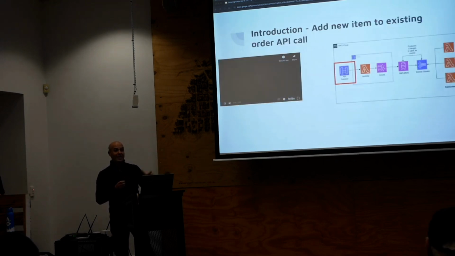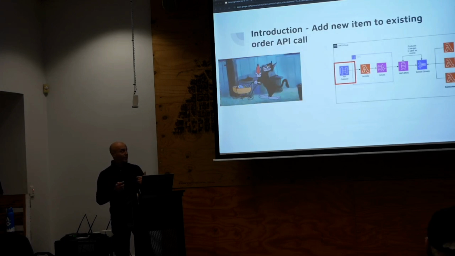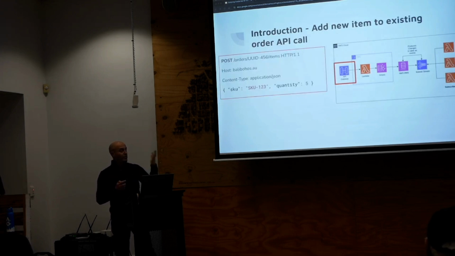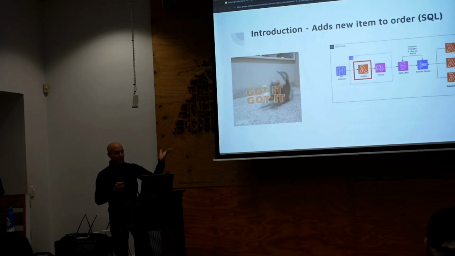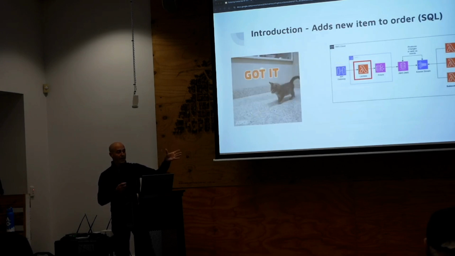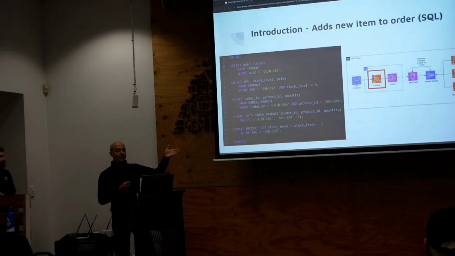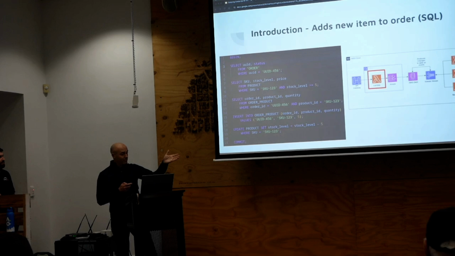So let's look at a more detailed example. Our journey starts with a user adding an item to their cart. Here's the resulting API call. And the application backend receives the API request and translates it to a series of SQL statements that modify the data directly within the source Postgres table.